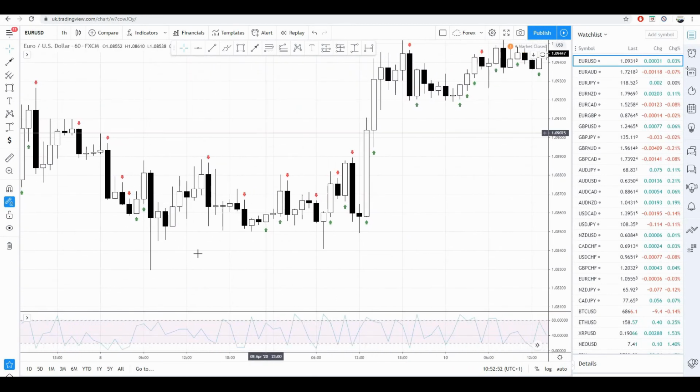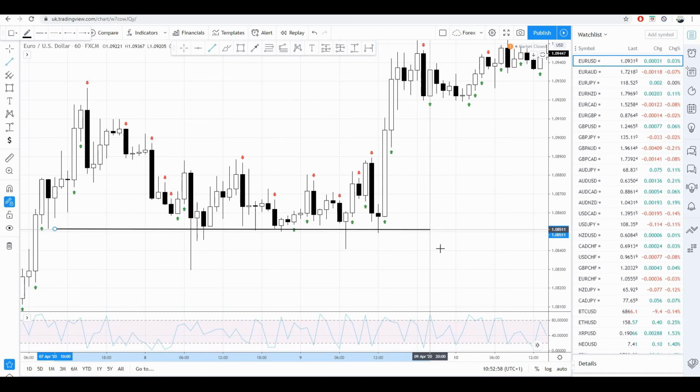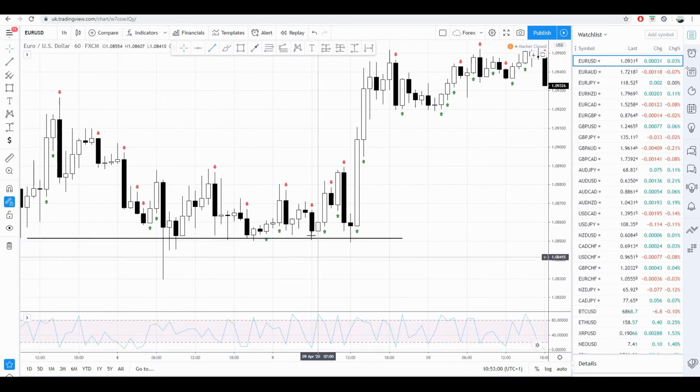Now again, going back to our previous support level here, let's just draw that on roughly. So just a rough support level here. Coupled with this rejection candle, a close of 96.74% of the entire range of that candle. If you're waiting for further confirmation, you can wait for this trend bar after that.